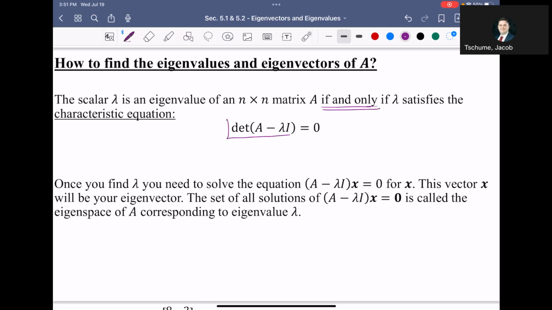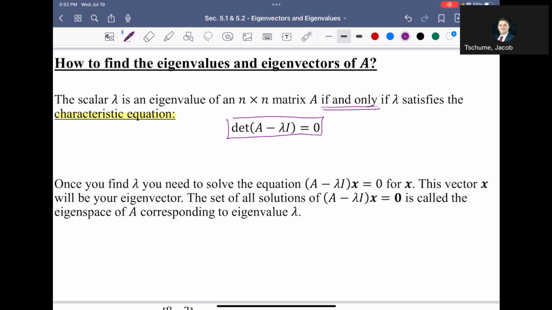We are going to take the determinant of A minus lambda I, and set that equal to 0. Whatever lambda you can find to satisfy this, we call that an eigenvalue. Now, this equation that you're going to be solving is what this book calls the characteristic equation. So this is how we will find eigenvalues.